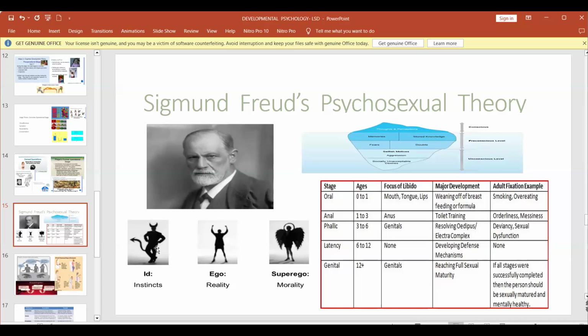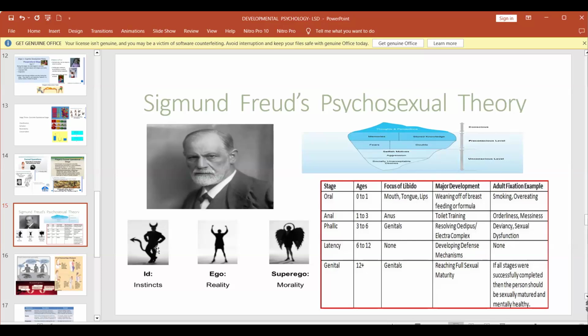The child can't postpone. The child can't distinguish between right and wrong. Instead, whatever he wants, he wants it. That is from birth up to 1 year, because the child has only the id component of personality, driven by the pleasure-seeking principle.